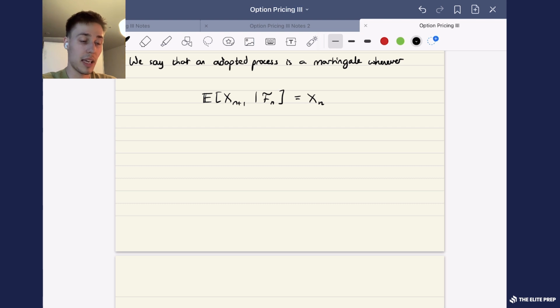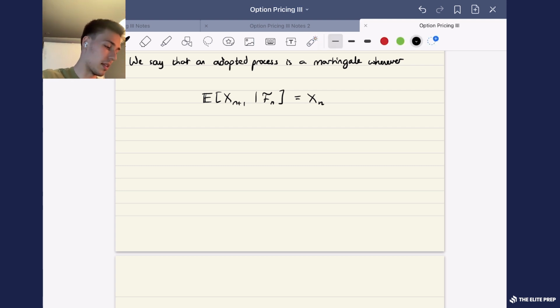So we say that the risk-neutral measure is the one where every primary asset after discounting is a martingale. In our case, we only have one stock and the money market. The money market, when discounted, is always just one value. So because it's a constant, this expectation is always just equal to itself.